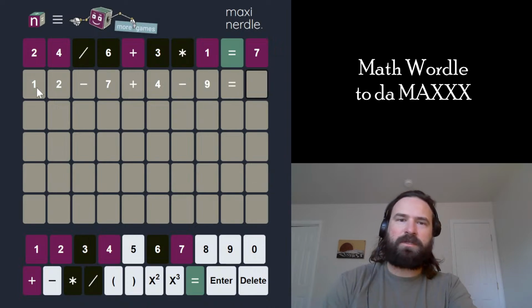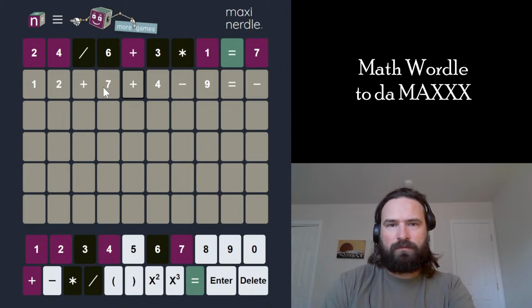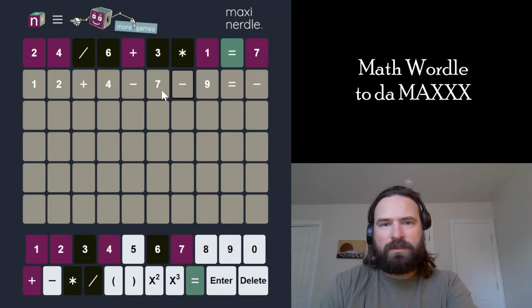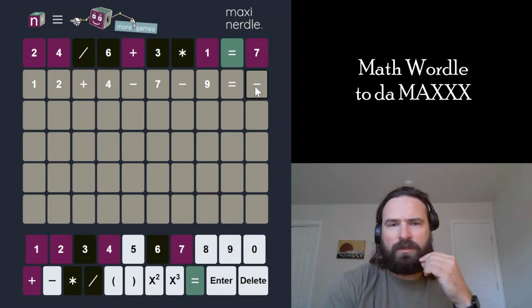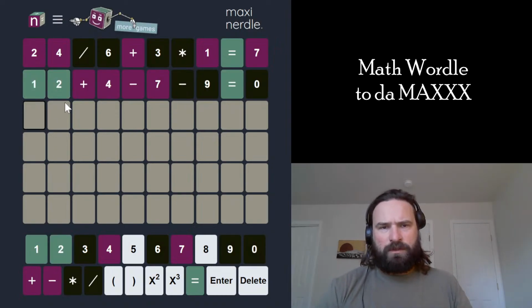Seems fine. Oh, the addition can't go here is the only problem. So I can do plus 4 minus 7 equals 0, I think. Should work, right? Cool. So it starts with 12.